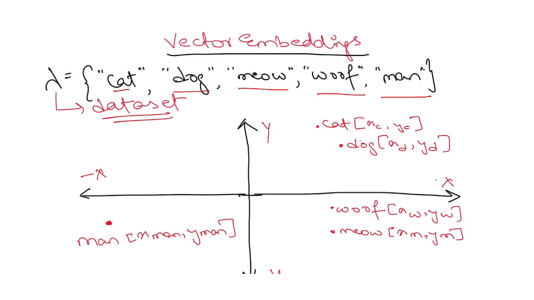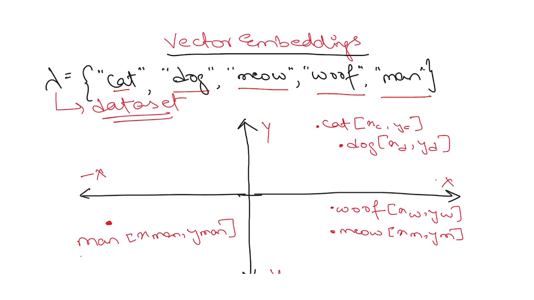These two, cat and dog, are essentially pets. Similarly, woof and meow are going to be placed together very closely because these are essentially sounds made by pets, sounds made by animals. And these are going to be placed very close to cat and dog because essentially cat makes the sound meow and dog makes the sound woof.